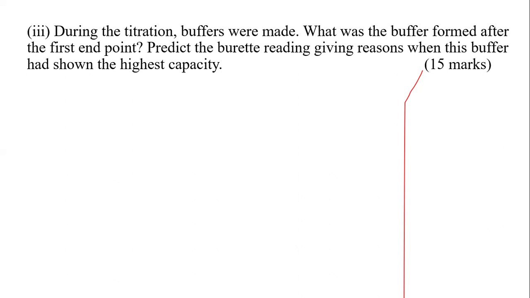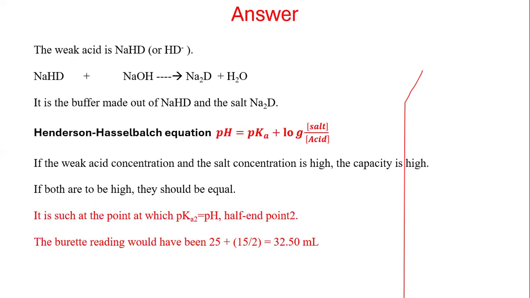Okay. Now look at this. It is asking what buffer is formed and to predict the burette reading, giving reasons. There are three parts. The weak acid is this, and the buffer is formed with this. That is answer 1.